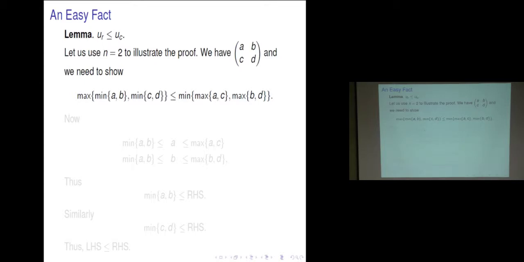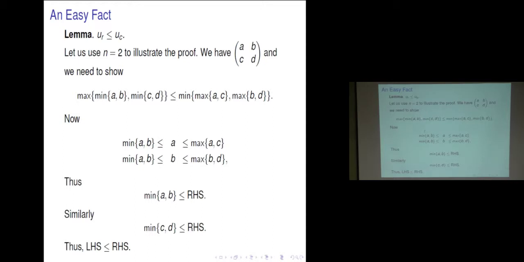So let's look at A, B, C, D. I want to convince you that max min is less than or equal to min max. So this is, you choose the minimum first and pick the best one. And the other way is you choose the maximum and choose the min.